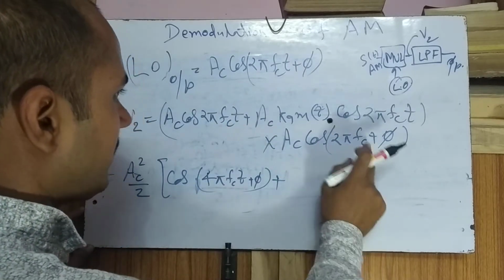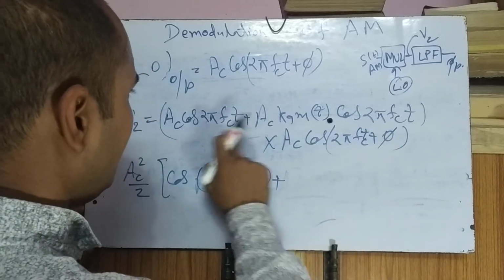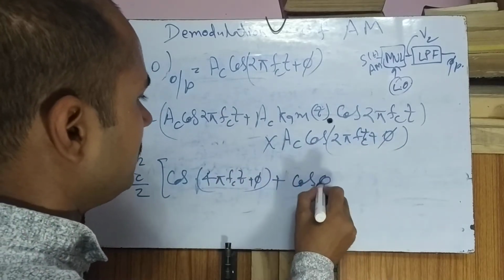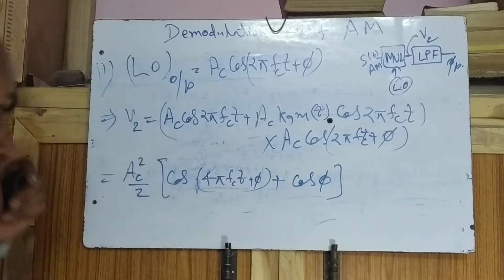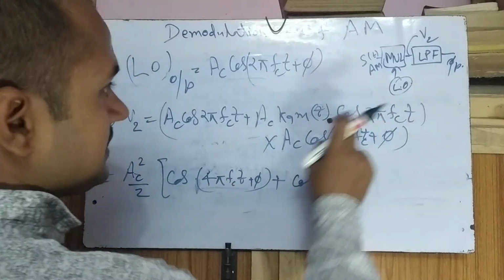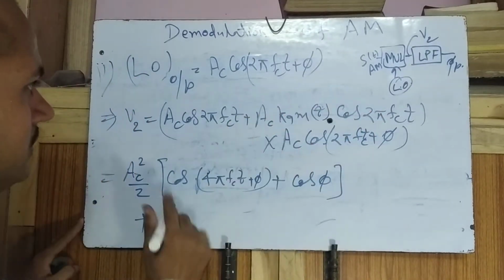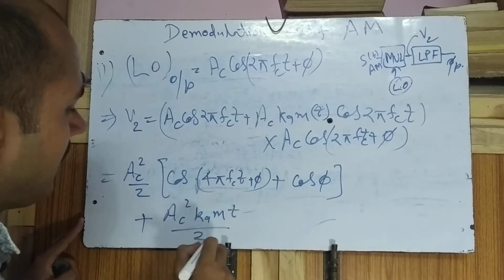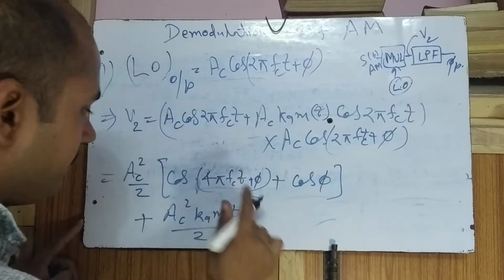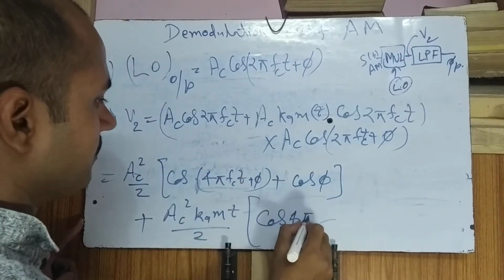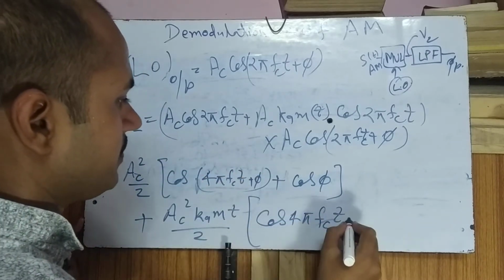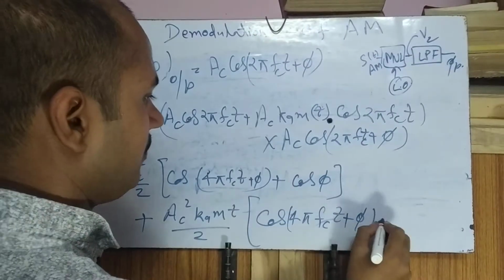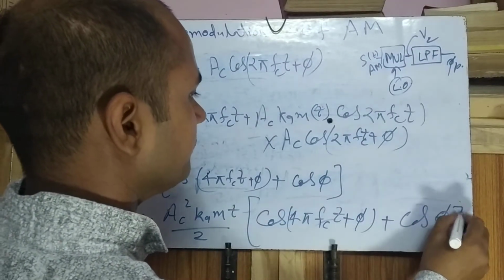A minus B means 2πfct minus 2πfct, that is 0, so the remaining part is phi. Same as here, just Ac square ka m(t) by 2 will be outside, with the same cos(A plus B) plus cos(A minus B).